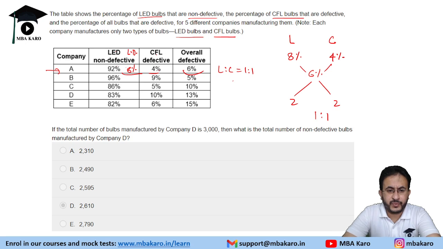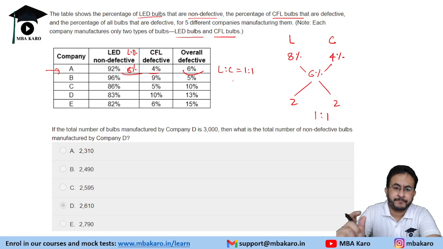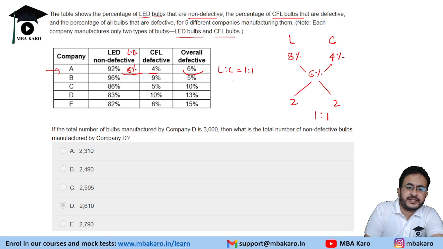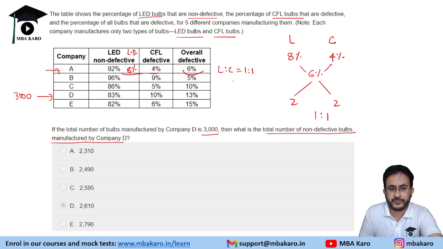Now let us look at the questions and see where we actually need to use this concept. The first question says, if the total number of bulbs manufactured by D is 3000, we need to find the total number of non-defective bulbs manufactured by company D. Now see, this is a simple question.